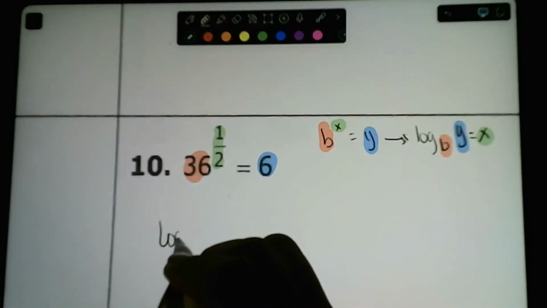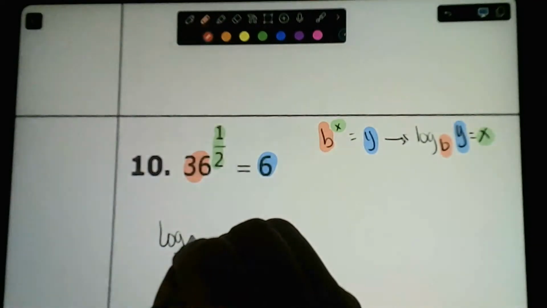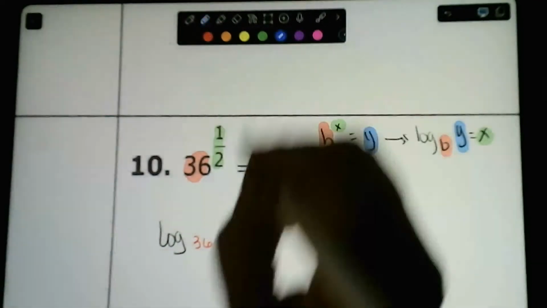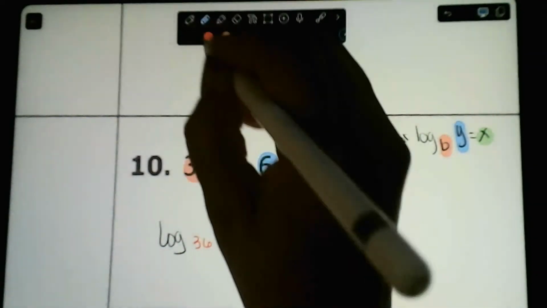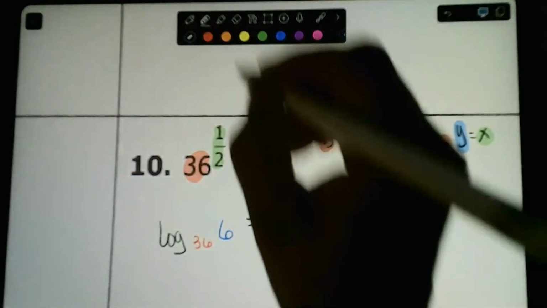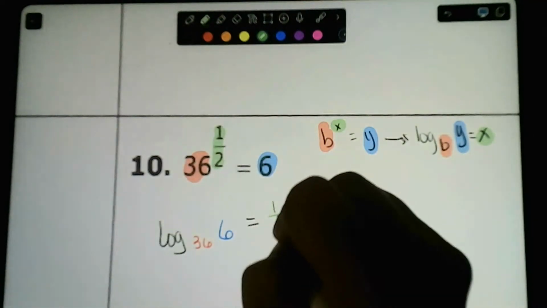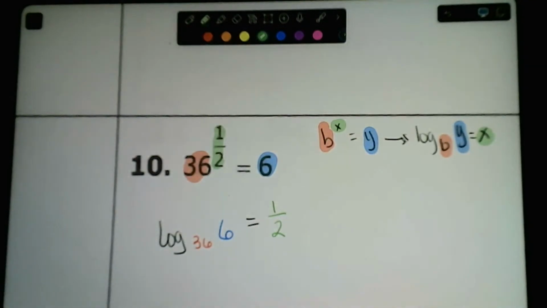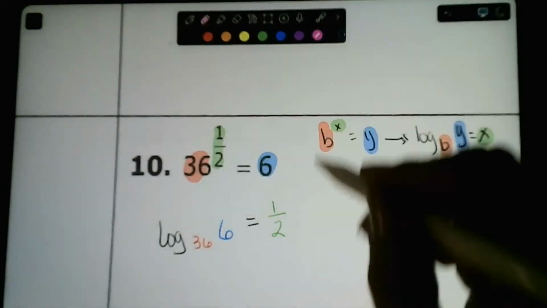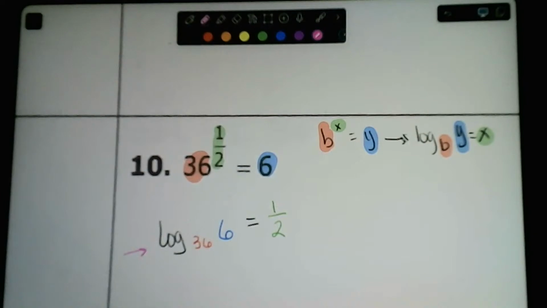So log the base of the number equals the exponent. And this gets read as the log base 36 of 6 equals 1/2.